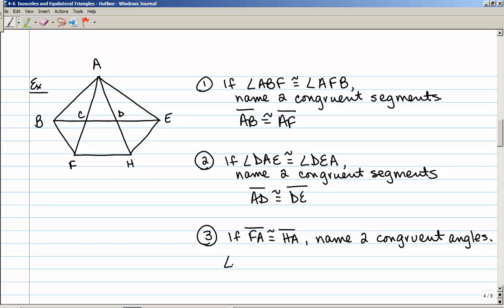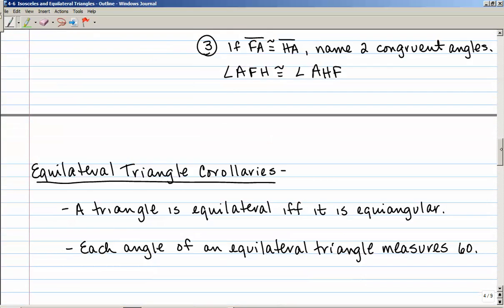That would be angle AFH, and that would be congruent to angle AHF. If you're doing a problem like this in the classwork, it might be easiest to draw this plenty big and use different colors to mark the different things that are congruent to each other.